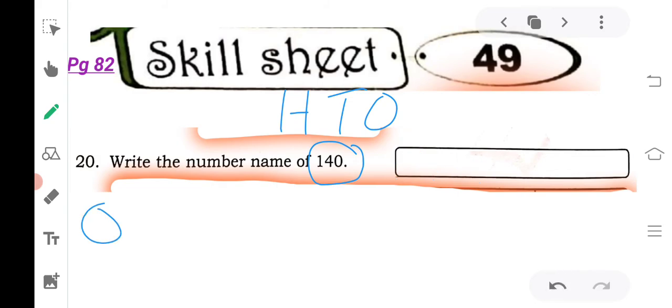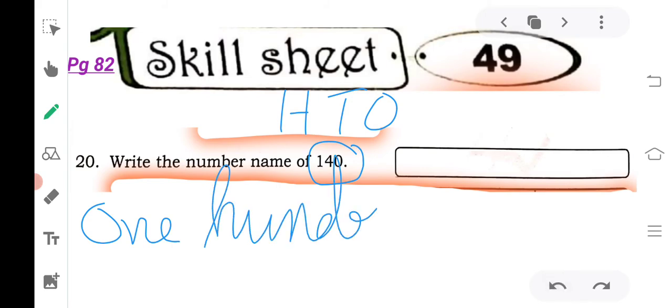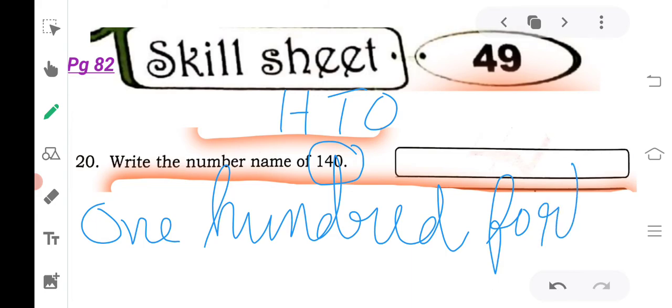You will write in the box. And what is the spelling? 40, 140. FORTY. This is the spelling you will write in the box.